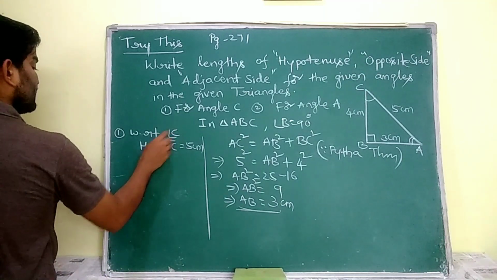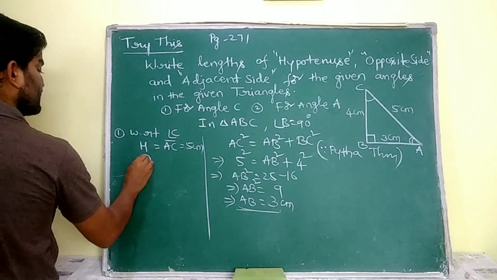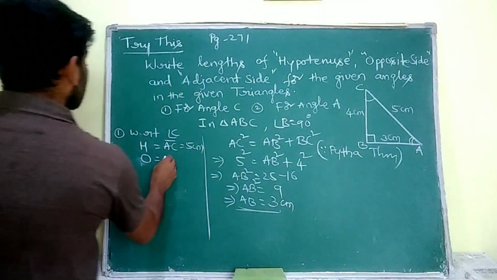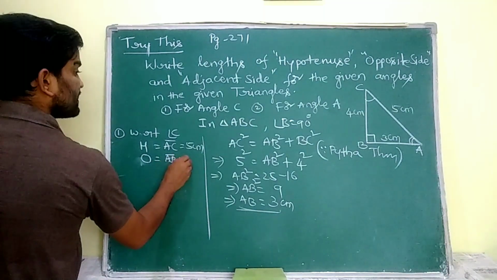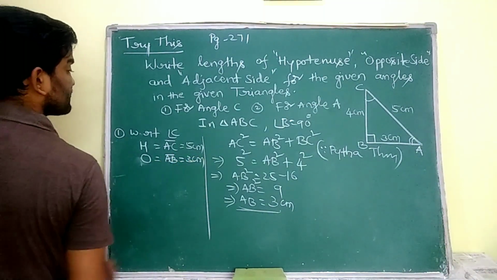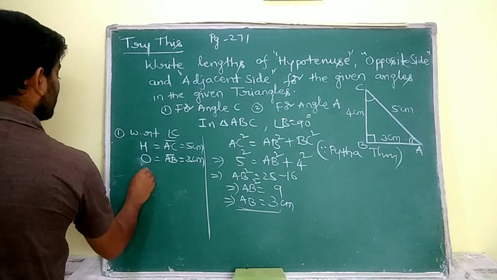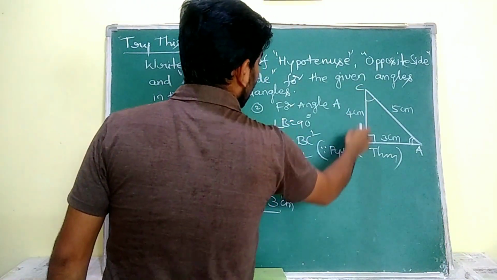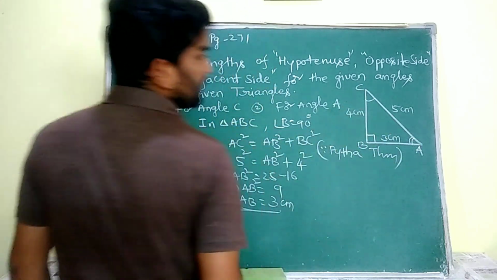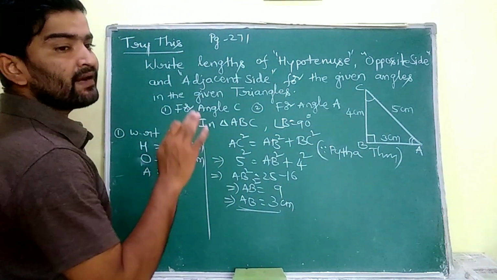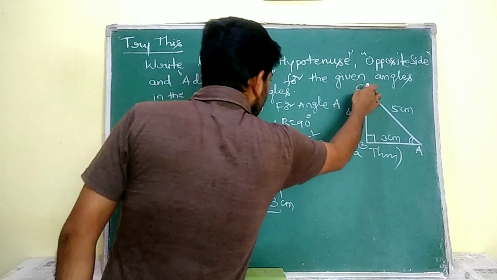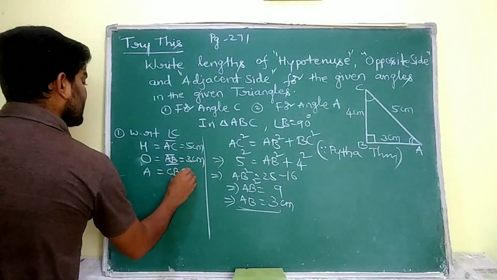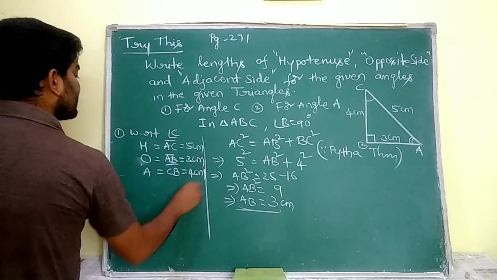The opposite side to this C is AB. So AB is equal to 3 centimeters. And the adjacent side to that C: this C lies on either CB or CA. We know that an angle never lies on the hypotenuse. So that C lies on CB. So that is our adjacent side, CB, which is equal to 4 centimeters.